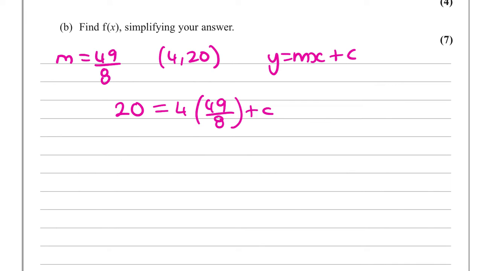So you can do this any which way you want. 20 minus 4 times 49 over 8, which is 196 over 8, equals c. What is 20 times 8? 160, I think.